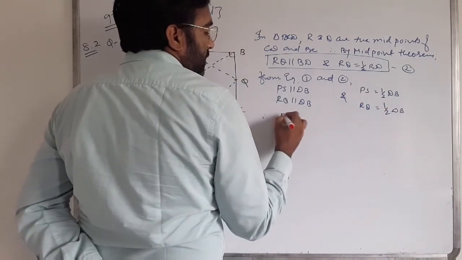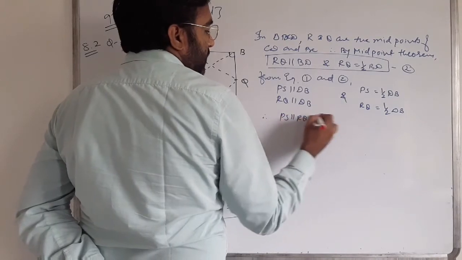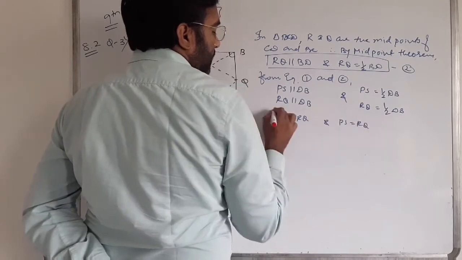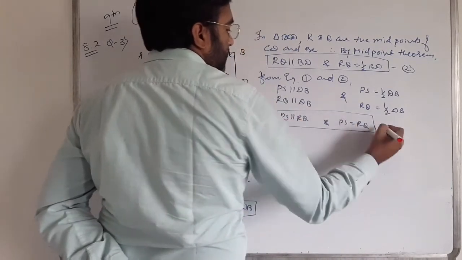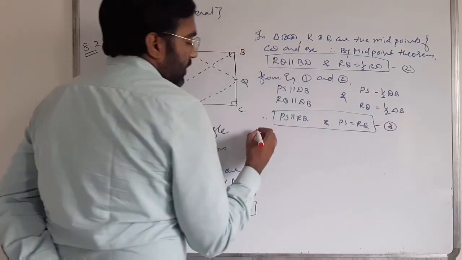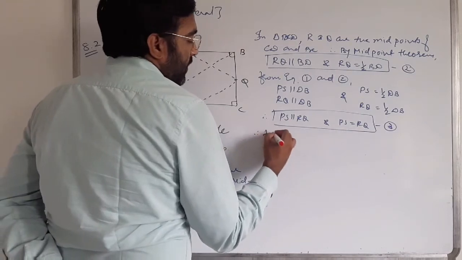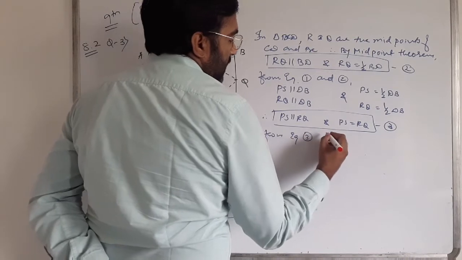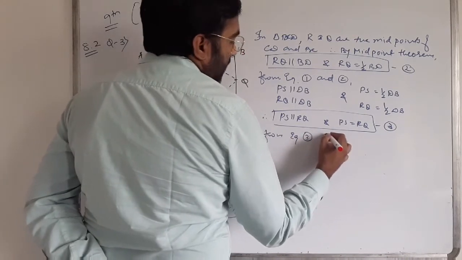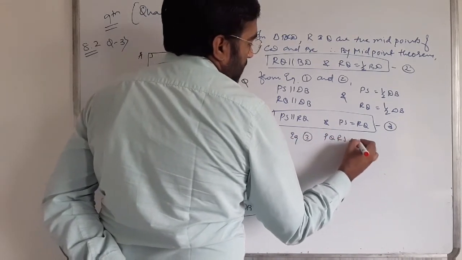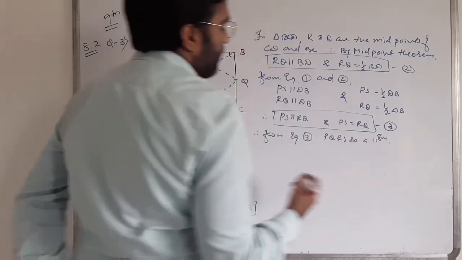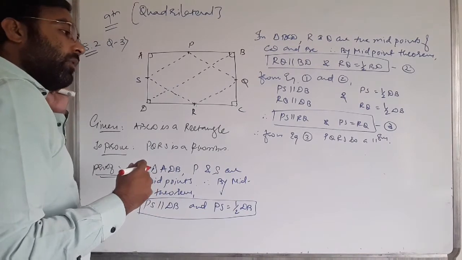Therefore PS is parallel to RQ and PS is equal to RQ. Therefore, from equation 3, PQRS is a parallelogram.